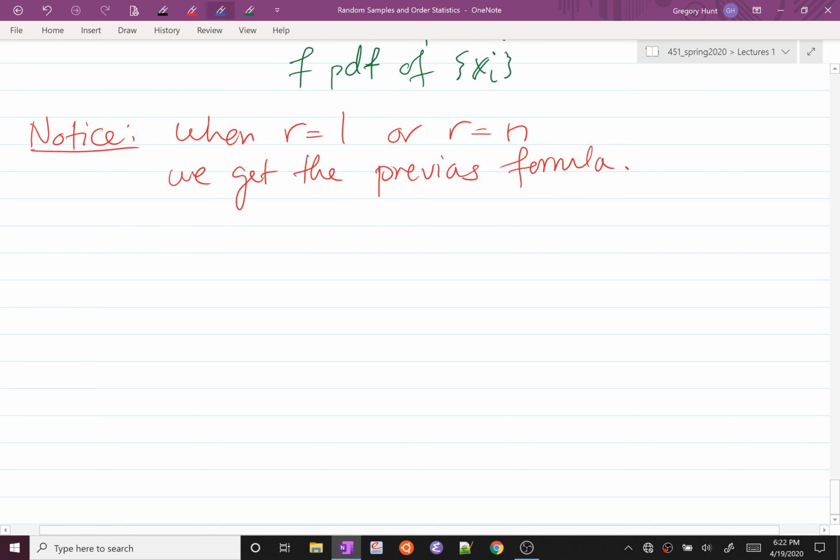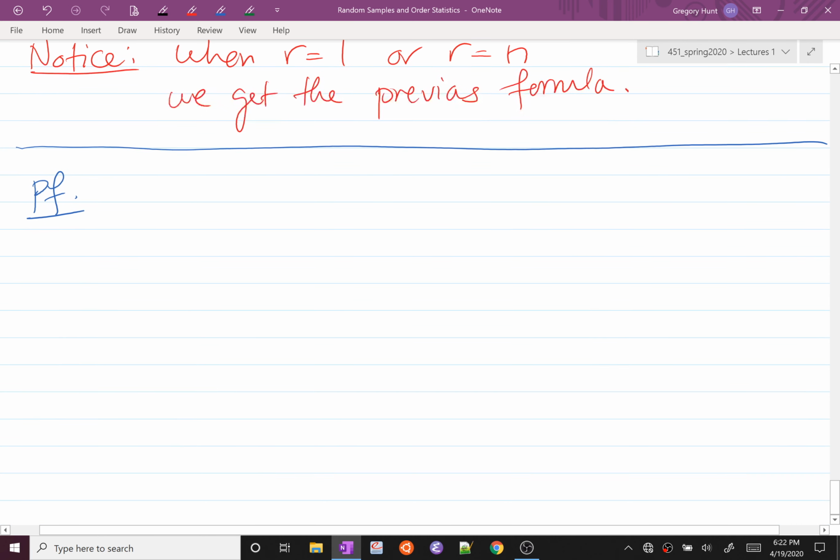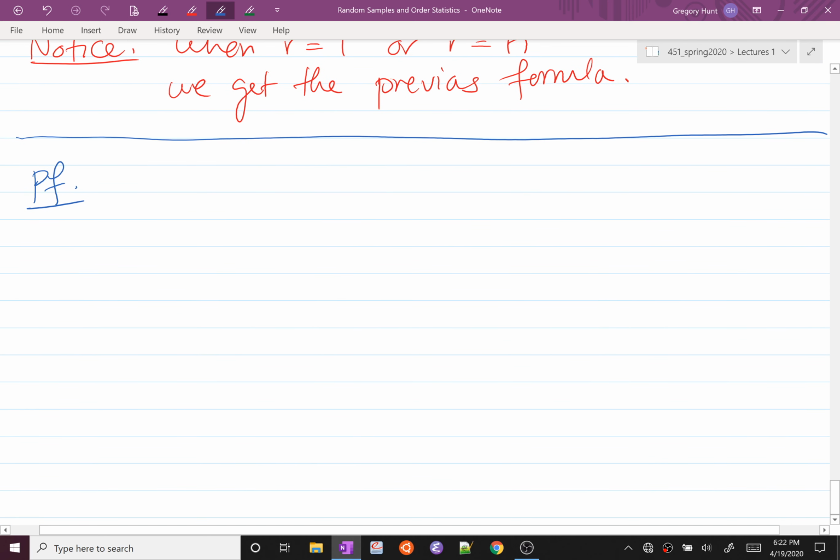We can talk a little bit about a hand-wavy heuristic proof here. So let's just talk about why this formula seems reasonable. Okay, so imagine my number line here, and I want my PDF at t. So I'm going to look at the interval t to t plus delta t.